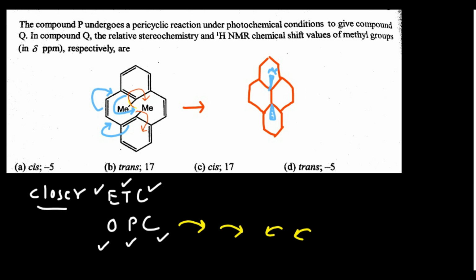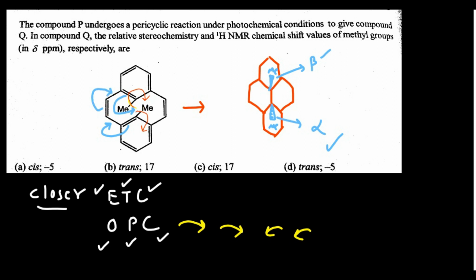So this is methyl, that methyl is actually alpha methyl, and that methyl is the beta methyl. Alpha is below the plane, and beta is above the plane. And then you have seen the electron has moved, this electron pair has moved from here to here, which is there, and this has moved here.